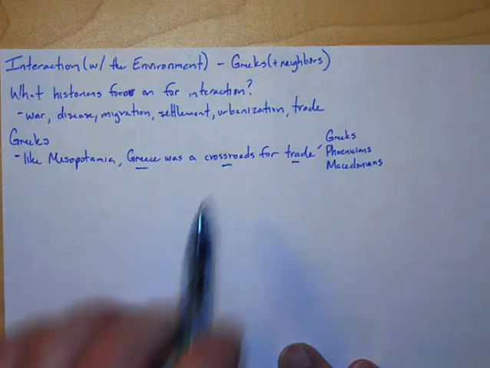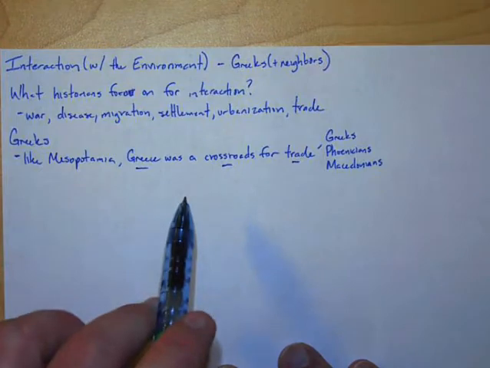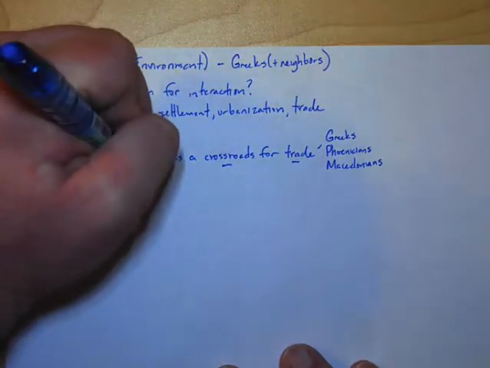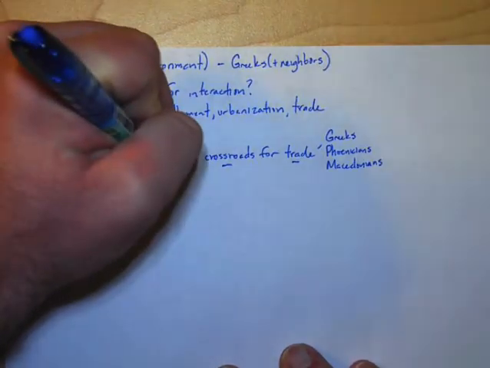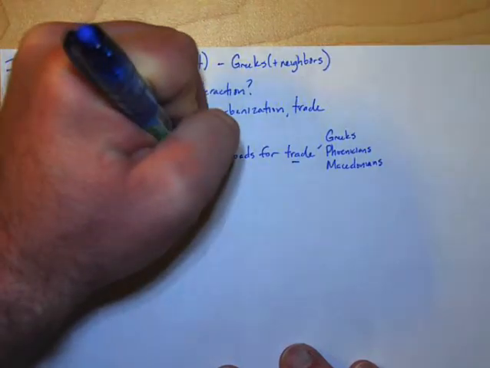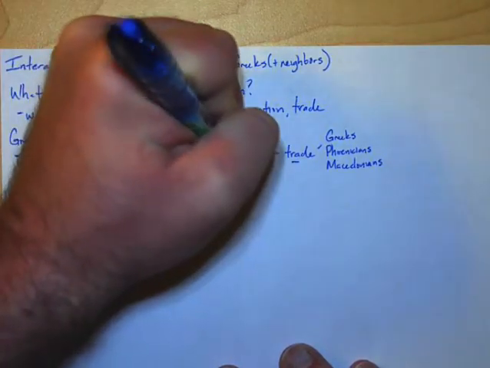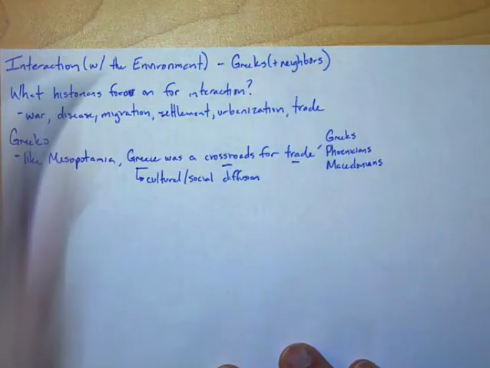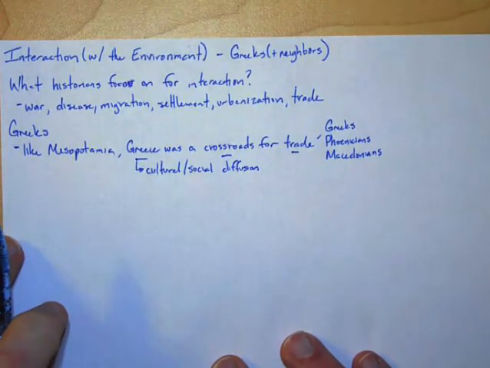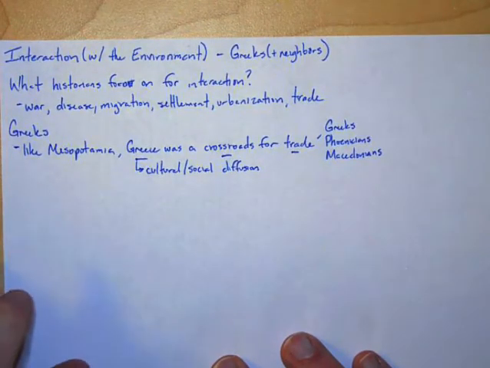So we're seeing a lot of opportunity here for cultural diffusion, cultural or social diffusion, because Greece was a crossroads for trade.